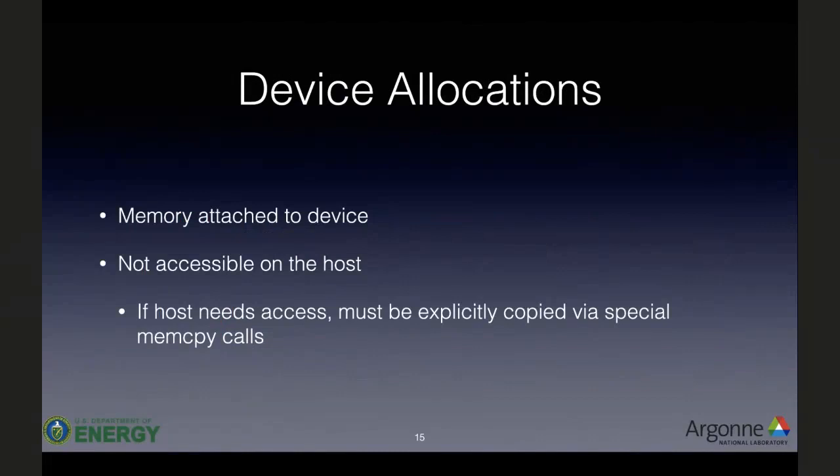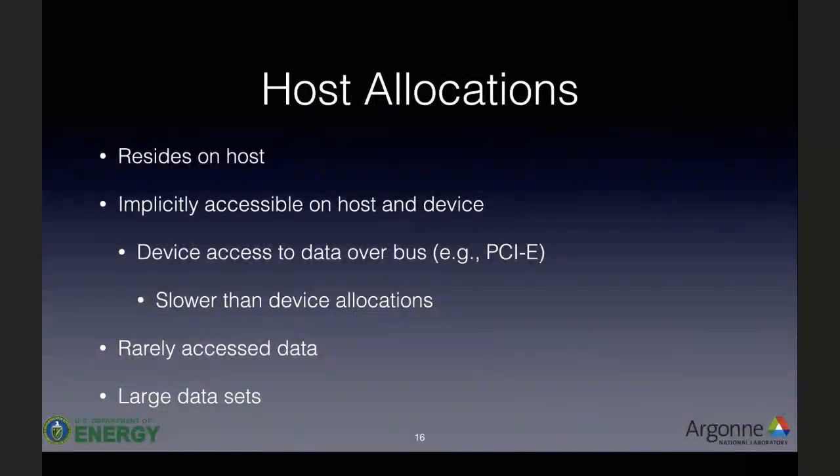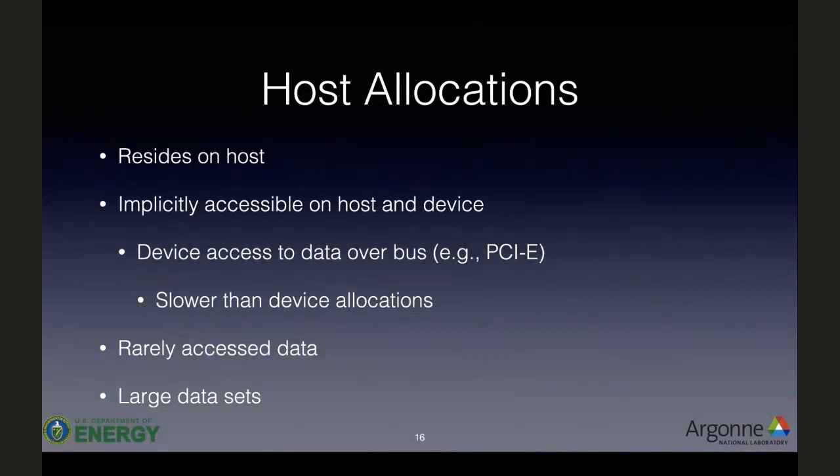As I said, device allocations are memory that's just for the device. The host can't access it. And there are special memcopy calls that let you copy it back if the host needs access to it. For host allocations, device access may be slower because it has to go over a bus like PCI Express.